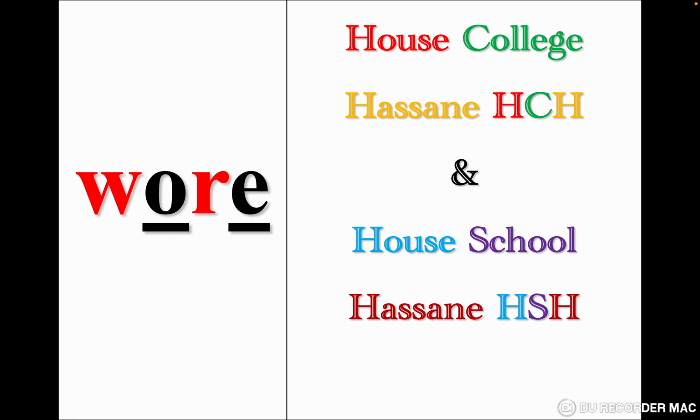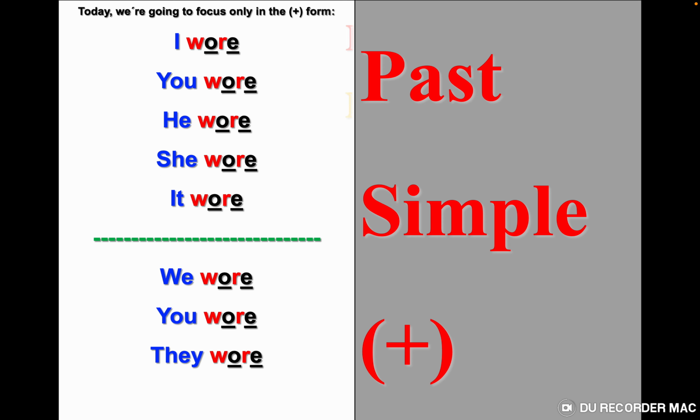So this is the past simple of wear, to put on clothes. So the past is wore, like the word war, guns and tanks and rockets, the word which is written w-a-r. I wore, you wore, he wore, she wore, it wore, we wore, you wore, they wore.